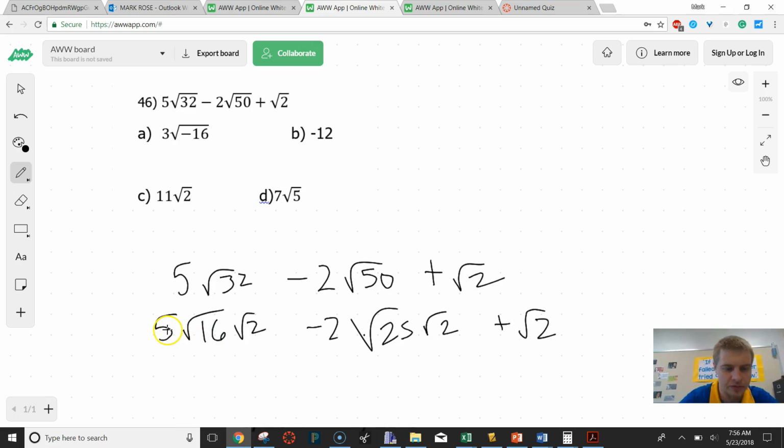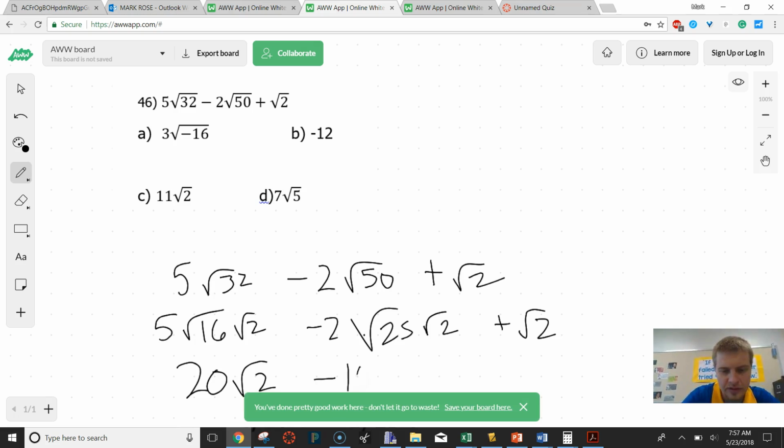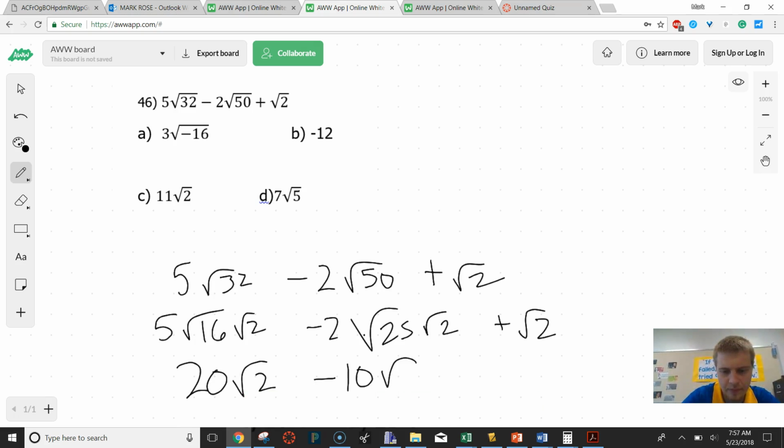And 4 times 5 is 20. This would be the square root of 25 is 5, and that times 2 is 10. And then we got another plus radical 2. So 20 minus 10 is 10 radical 2.